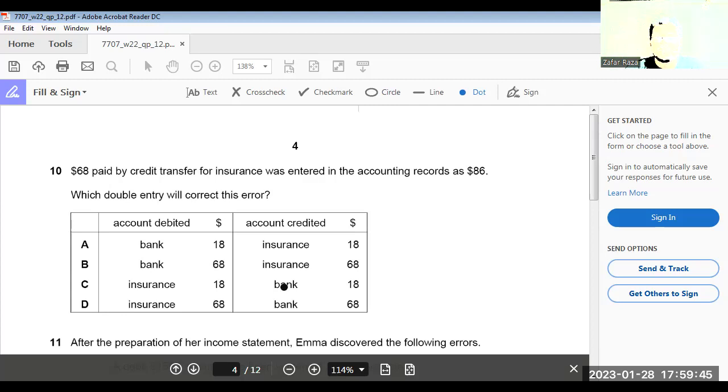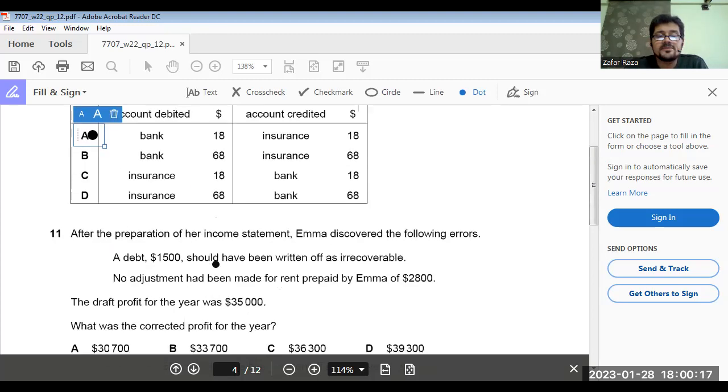Because 68 has been entered as 86 in the accounting records, it means it's a double entry error, not affecting trial balance. One thing very important to note here, suspense is not given in the options. It means error not affecting trial balance. Now, what we have to do is decrease the amount of insurance by $18. So insurance credit and bank debit. This A should be the answer.